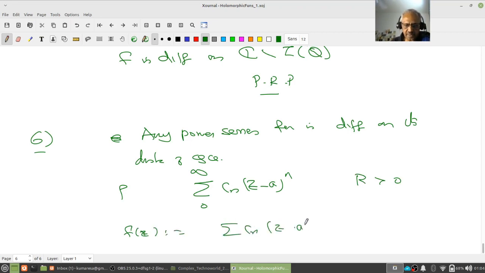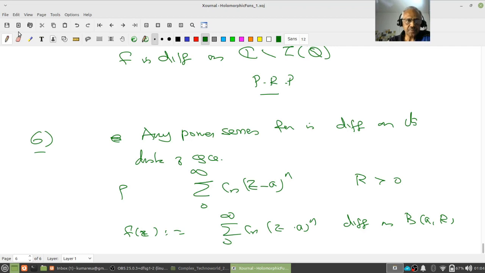the sum cn z minus a to the power n, 0 to infinity, this is differentiable on where? On the disk of convergence. This we have seen in my third lecture on power series. The third lecture exclusively dealt with complex power series, where I proved any complex power series is term-wise differentiable, right?